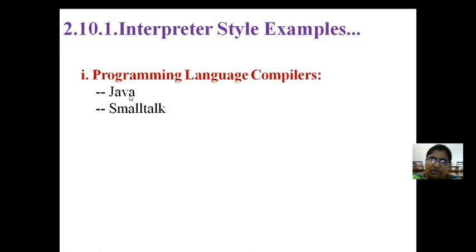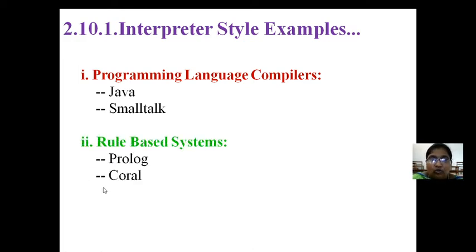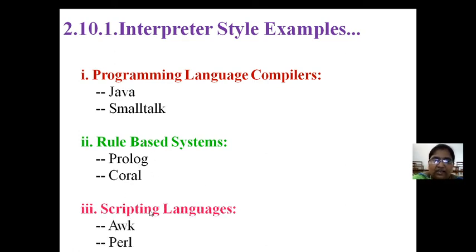These are a small list of examples I have taken. Java, Smalltalk, rule-based, where only rules it will take and convert, one is Prolog, one more is Coral. The last one, scripting languages: AWK, that is Unix or Linux, and Perl. So these are the examples for our interpreters or compilers.